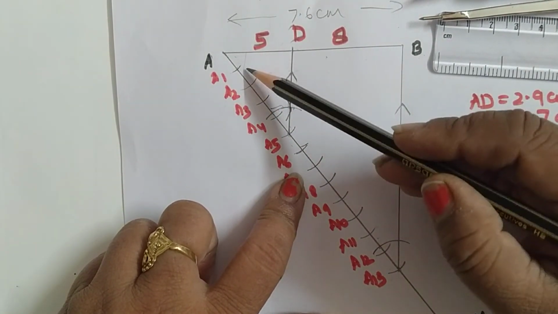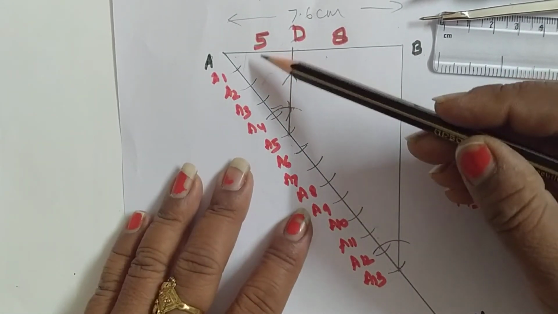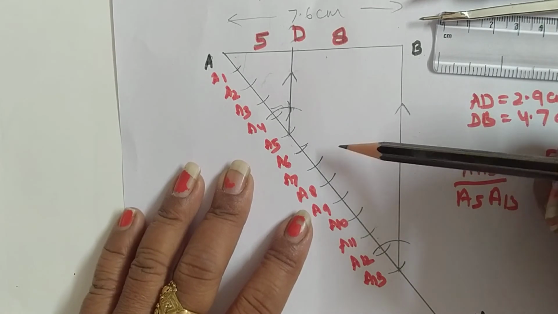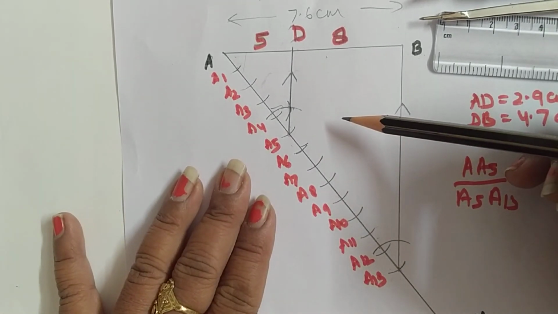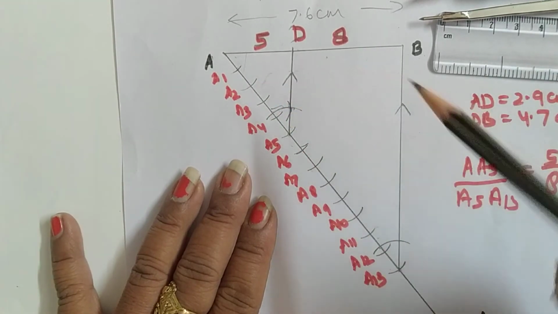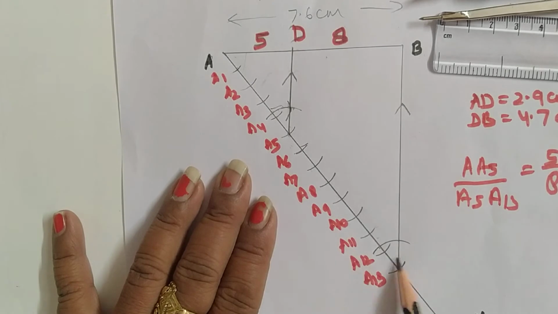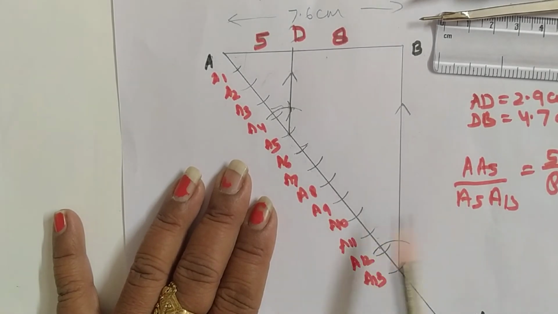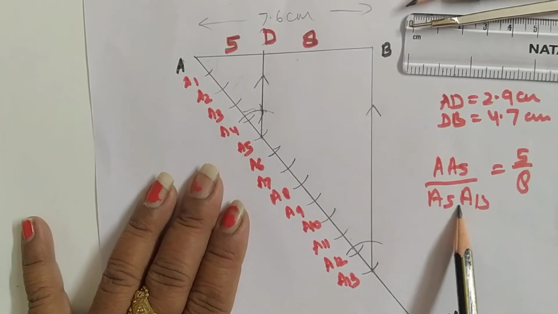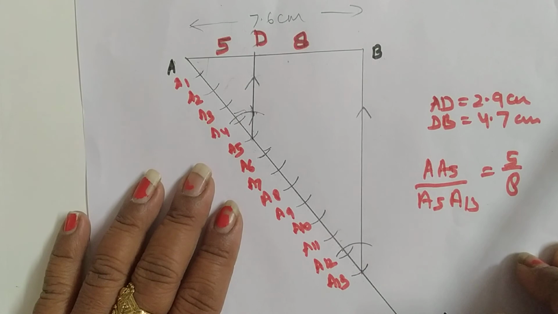Yes, and this angle A is common. So this smaller triangle will be similar to this bigger triangle, and when two triangles are similar, their sides are also proportional to each other. Because of these two sides, we know that AA5 is of 5 and A5 to A13 is 1 2 3 4 5 6 7 8, 8 parts are there. Yes. So justification is this, otherwise justification is not going to come.